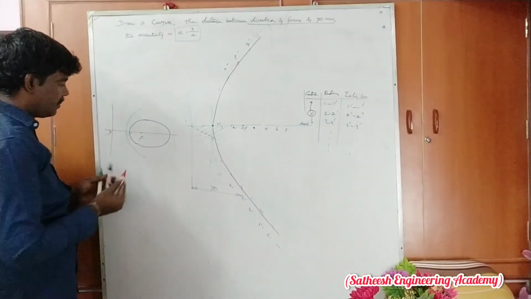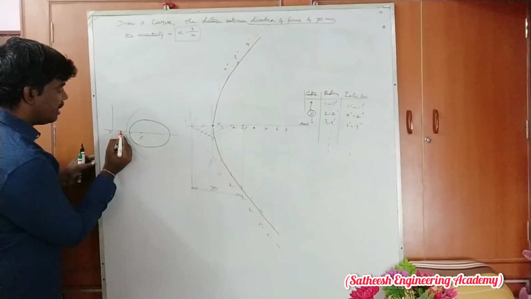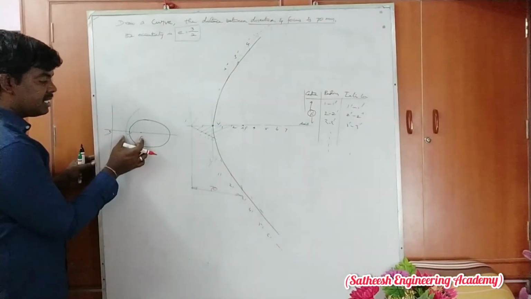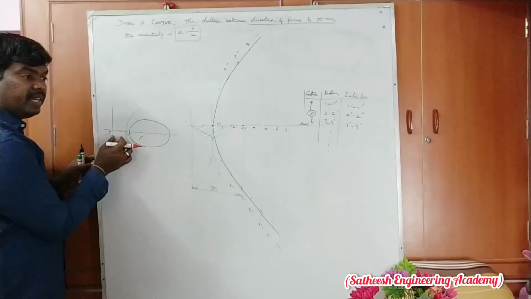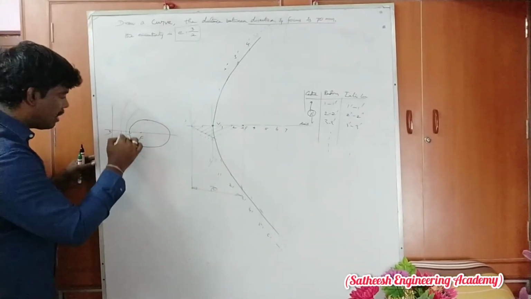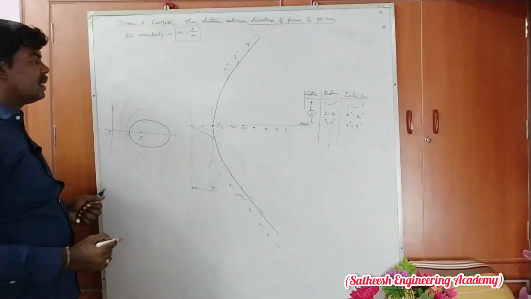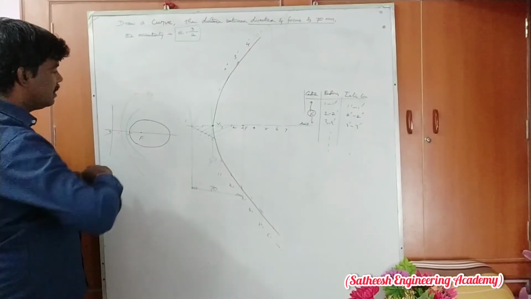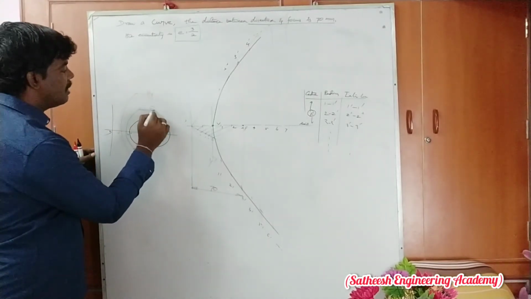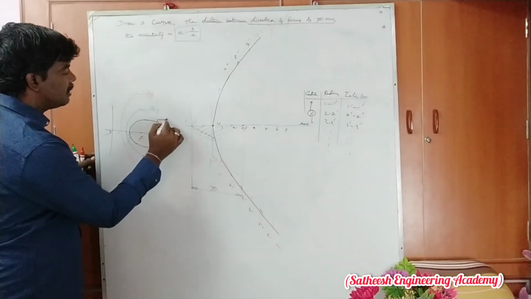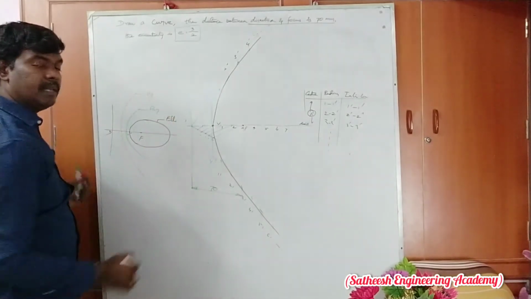Next, for hyperbola, the VF distance is greater than VD distance. So your curve is like this. So this one is hyperbola, this one is parabola, and this one is ellipse.